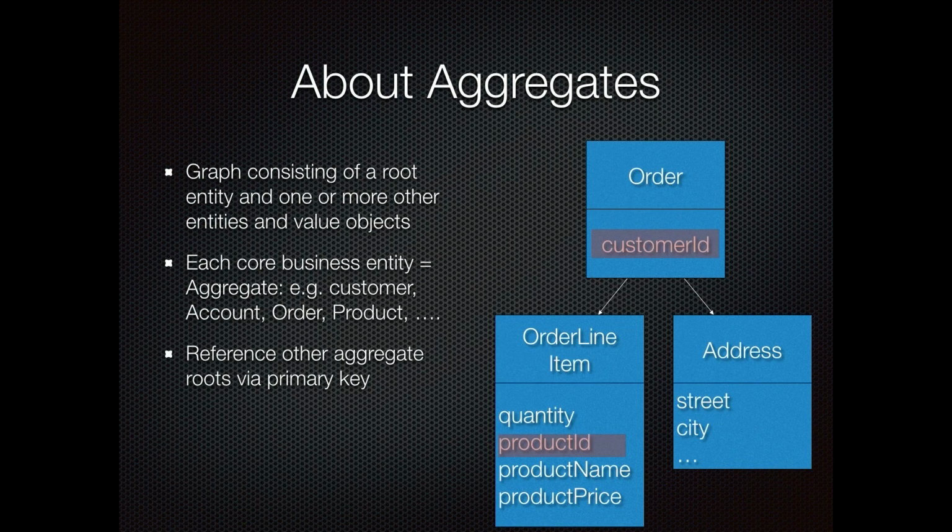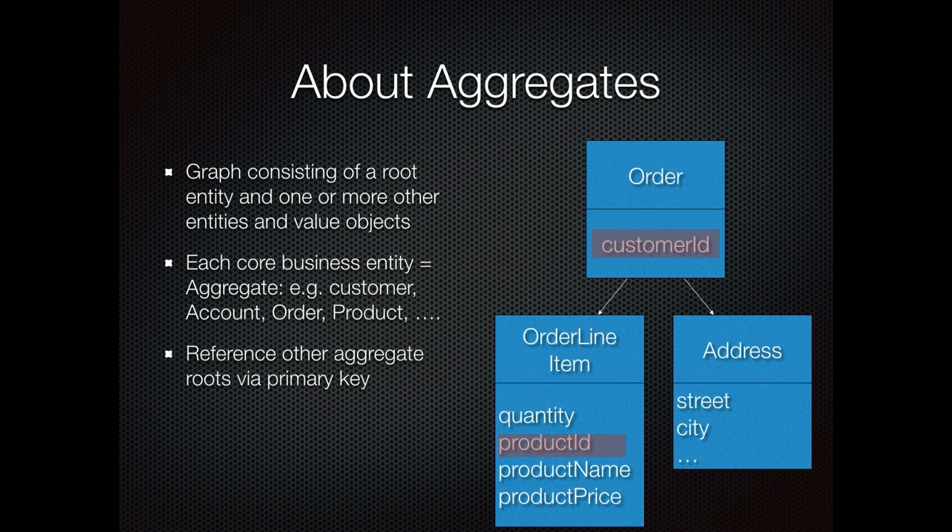One of them is that references to other aggregates are via primary key only. In this example, an order references a customer. In a normal object model, an order would actually reference a customer object, just a regular object reference.